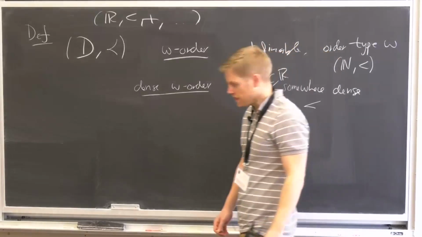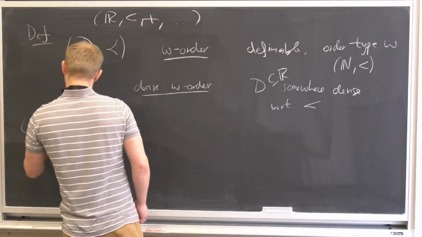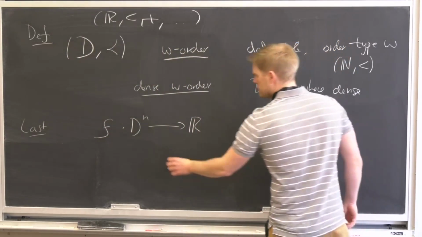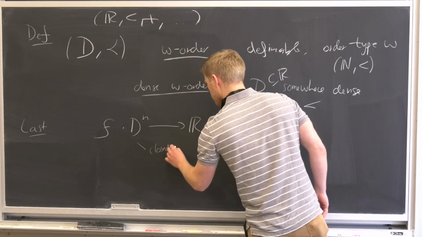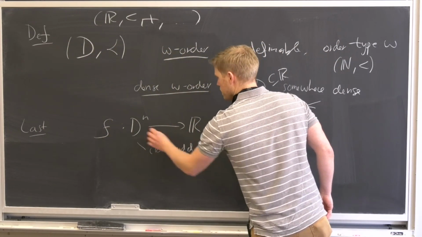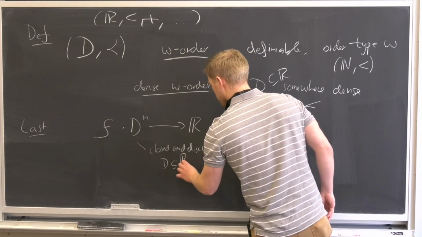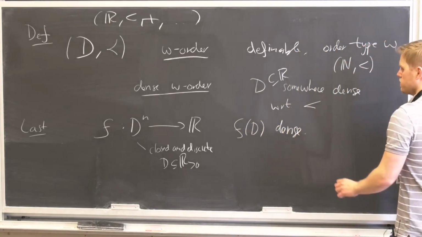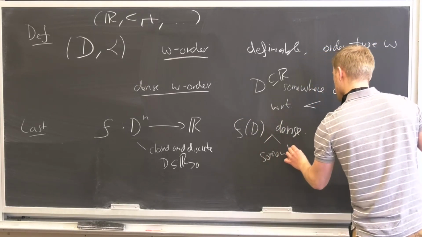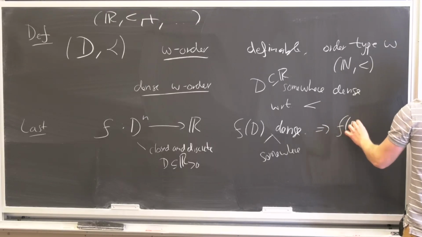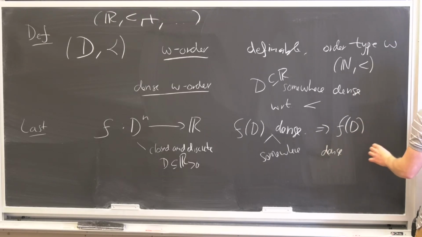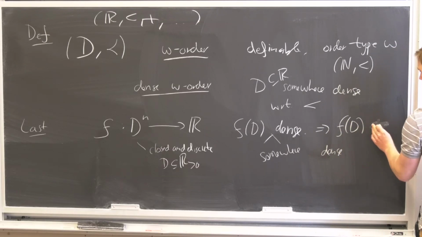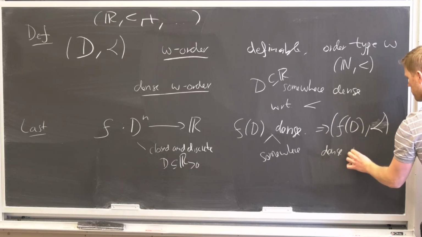Last time I gave an example: if you have a function f like this, definable, and D is closed and discrete, a subset of the positive reals, and suppose that f of D is dense or somewhere dense, then f of D was one of these dense omega orders, or can be; there's some order for which this is a dense omega order.